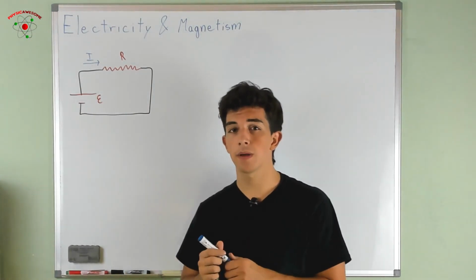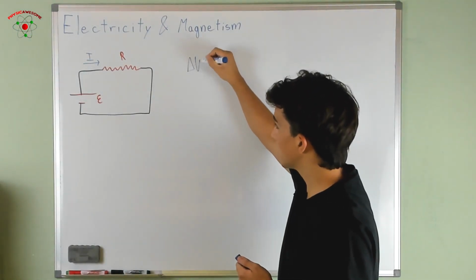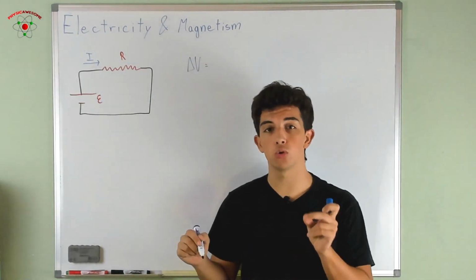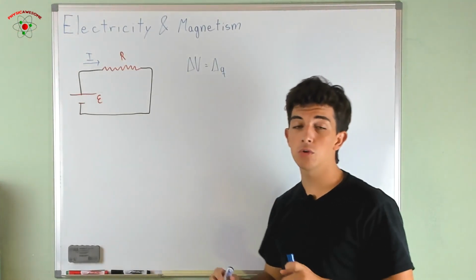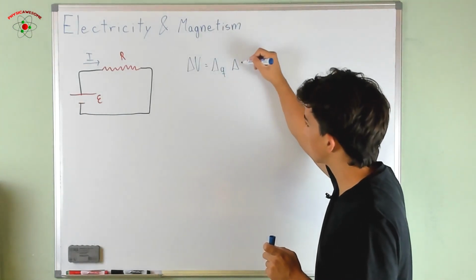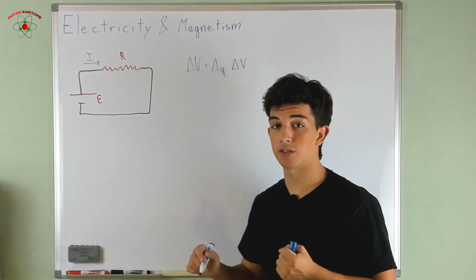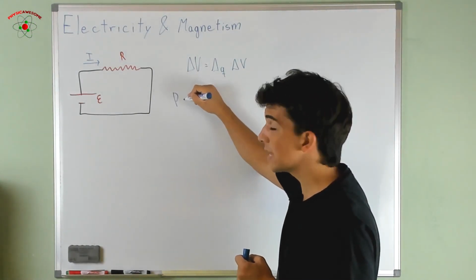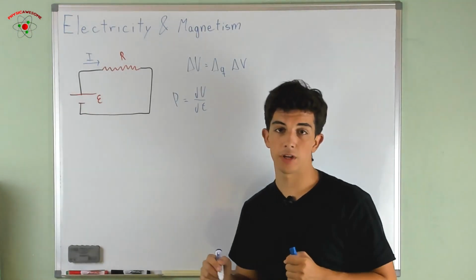In our system, a small change in potential energy, delta U, is always going to be due to the fact that a small chunk of charge, delta Q, has gone through some potential difference, delta V. Now recall the definition of power, which is the derivative with respect to time of the energy.